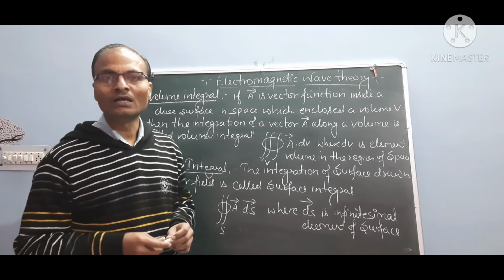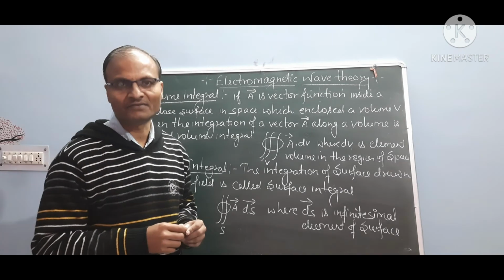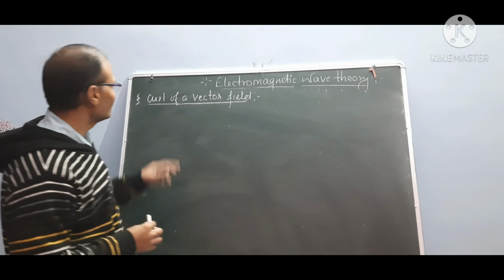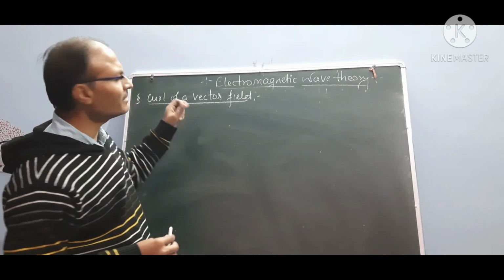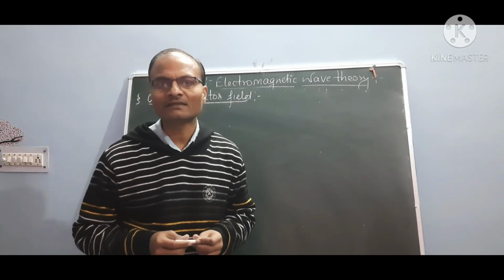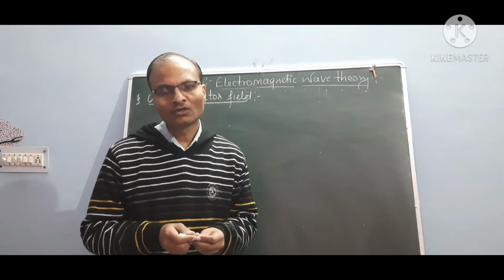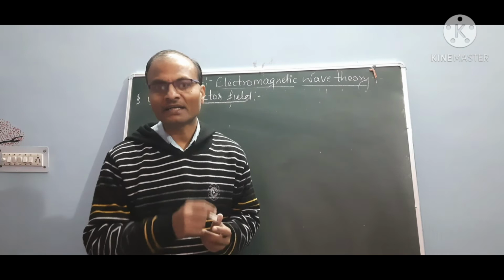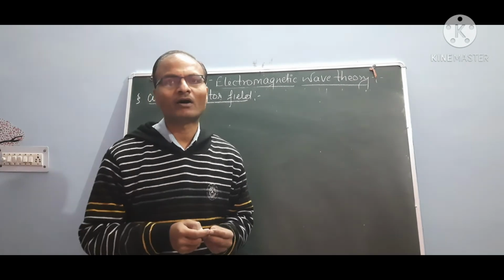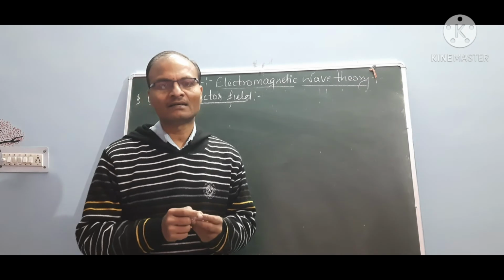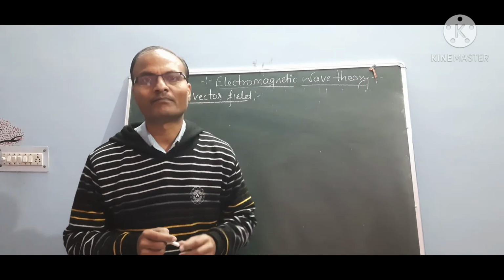Now move to curl of a vector field. What is curl of a vector field? The maximum line integral of a vector calculated per unit area along the boundary of an infinitesimal area at that particular point.